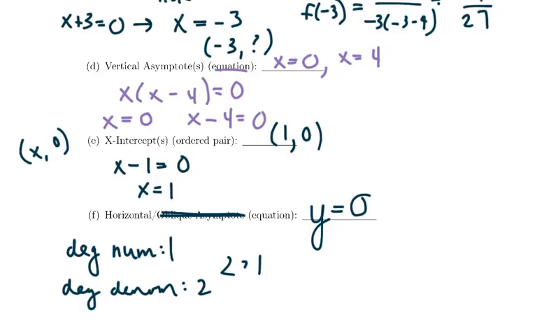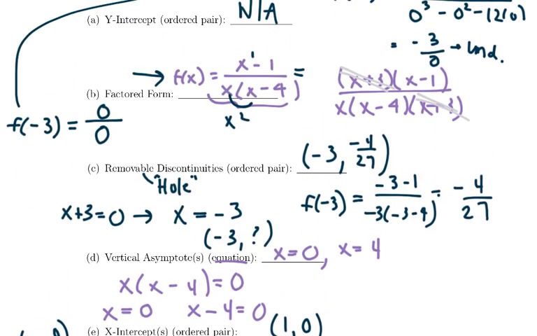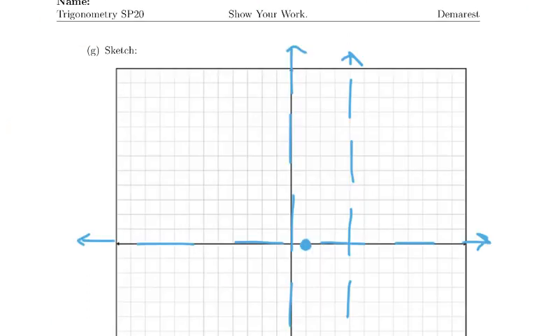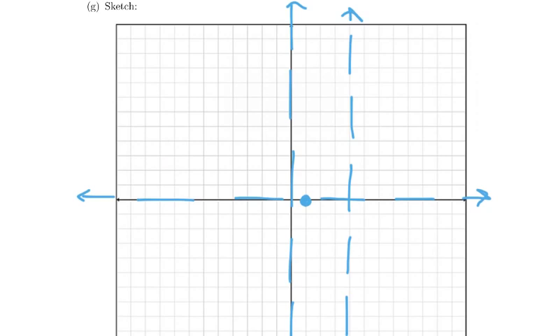And then is there anything else we have? Let's see. We didn't have a y-intercept, but we did have a hole, and we're going to plot that because it's going to help us graph a little bit later. It's at like -3, almost 0, and that's going to be an open circle to show you that your function goes through it, up to it, but it's not actually a point on your graph.